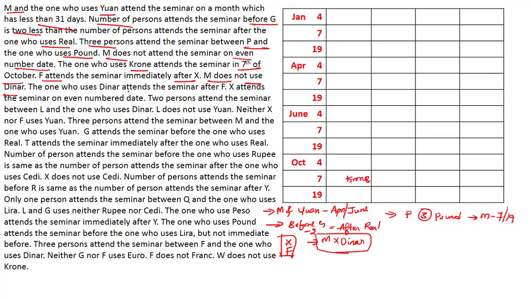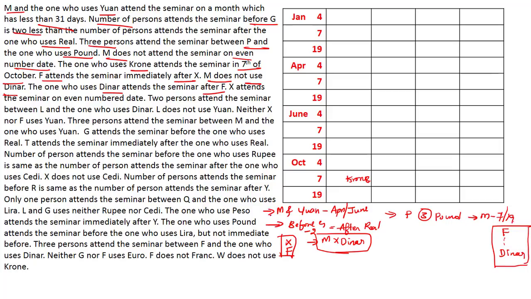Okay, the next one is the one who uses dinar attends the seminar after F. So see here, after F, the one who uses dinar has to be placed. But it is not said clearly whether it is immediately after F or not immediately.